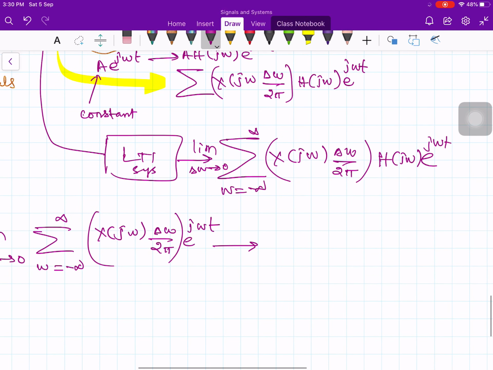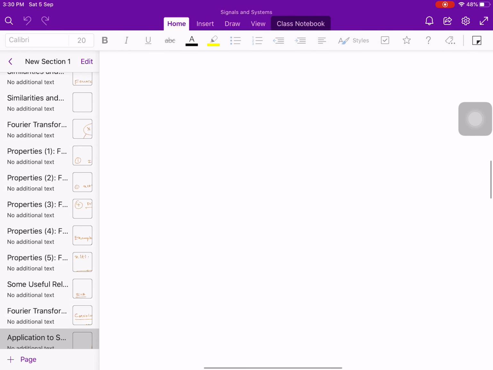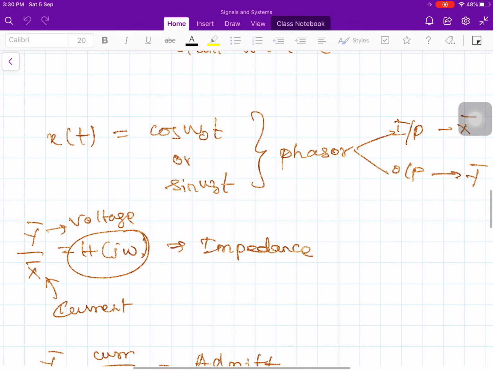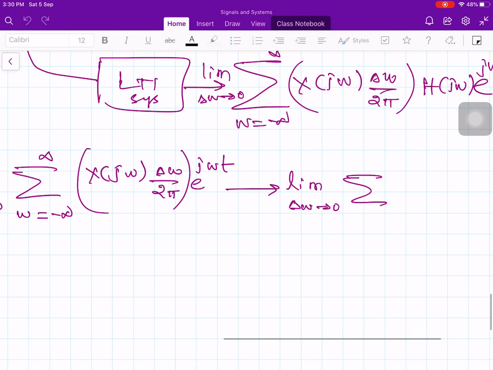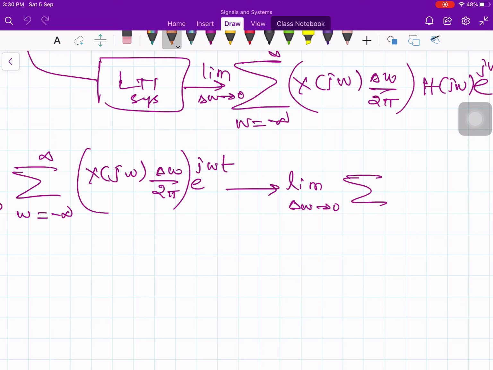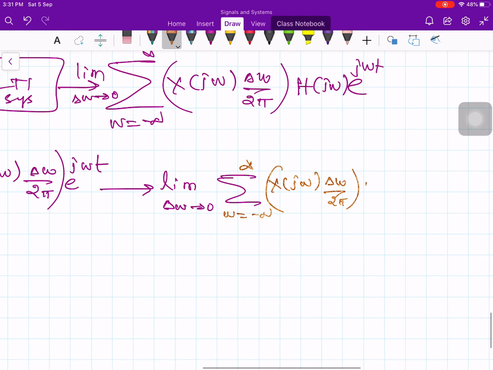Limit delta omega goes to 0, omega is equal to minus infinity to plus infinity, x of j omega delta omega by 2 pi, then multiply by h of j omega e to the j omega t. Okay, so this is the response.